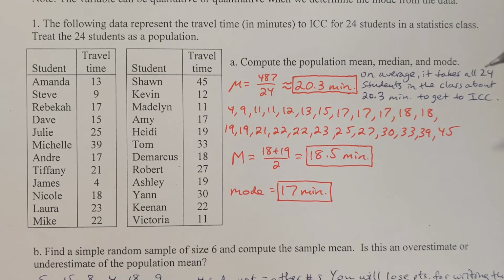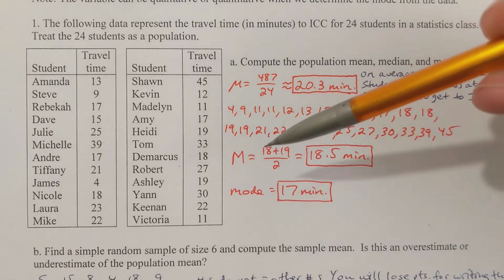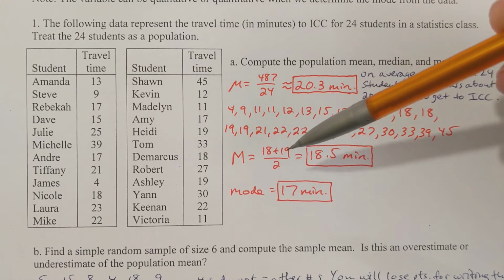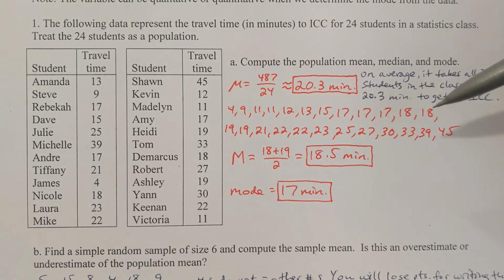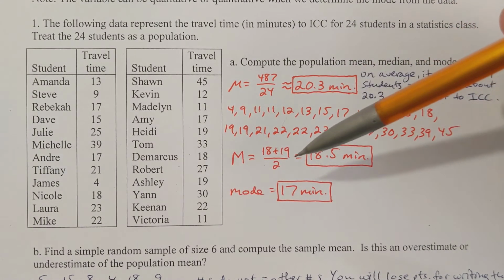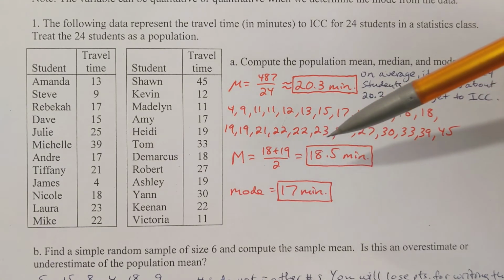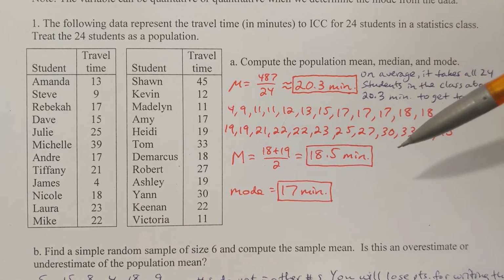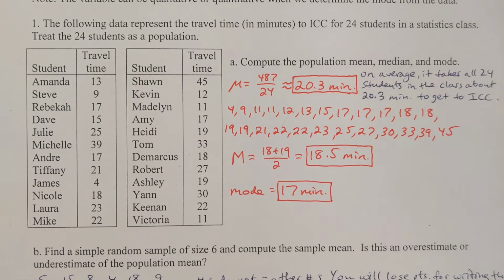Now, because there's 24 numbers, 24 is an even number, the median is where I take the average of the middle 2 values. So the 12th and the 13th numbers, when I add them together and divide by 2, so 18 is the 12th number, 19 is the 13th number, add them together and divide by 2, I get exactly 18 and a half minutes for the median.